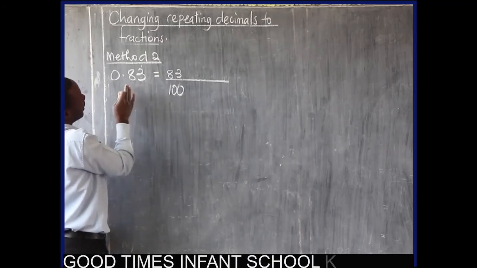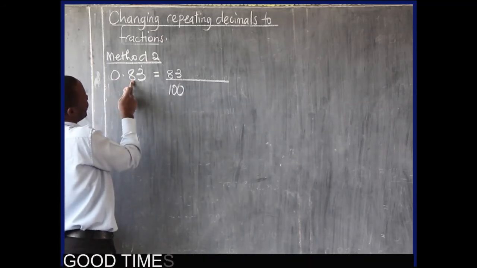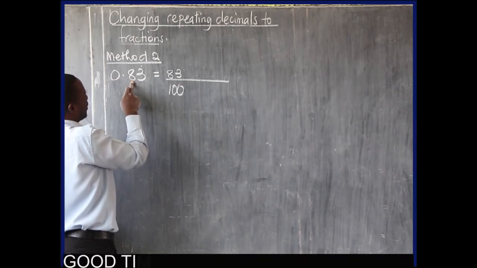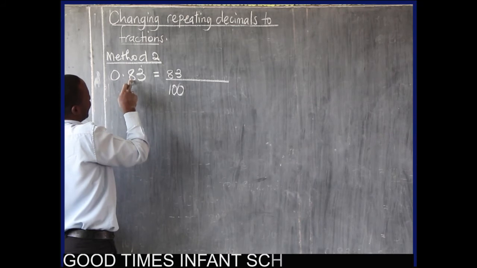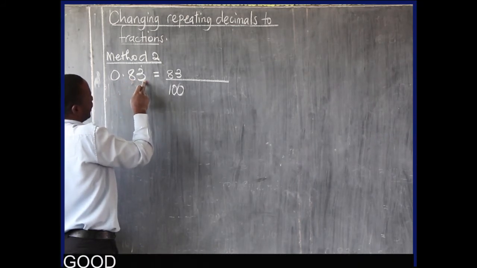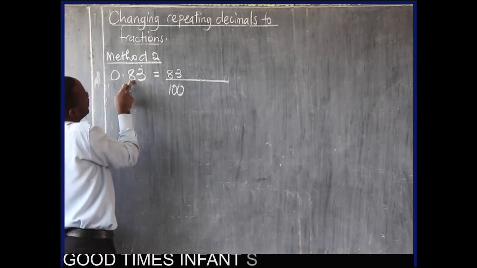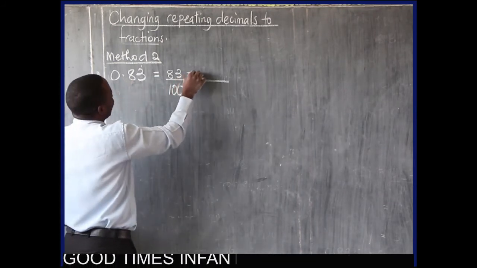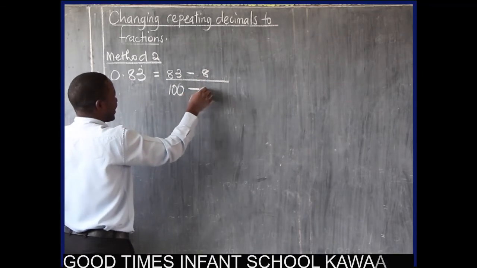But you see this number has 2 parts. 0.8 is not recurring. So which means it is 0.83 now minus 0.8. But 0.8 is 8 tenths.